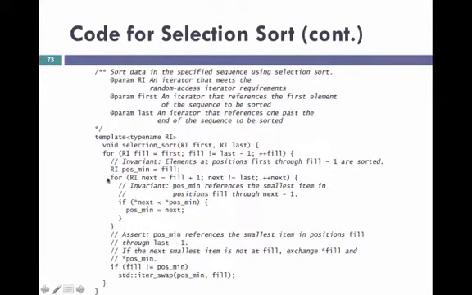Each time through the for loop, the elements at positions first through fill minus 1 are sorted. And we'll set posmin to be fill. And here's the for loop where we look to find the smallest value from fill up to n minus 1. Finally, once we've found the smallest value, we swap the values at posmin and fill.